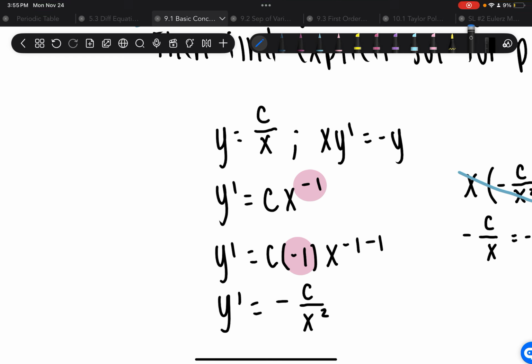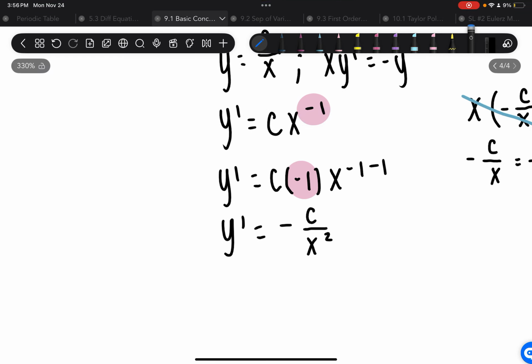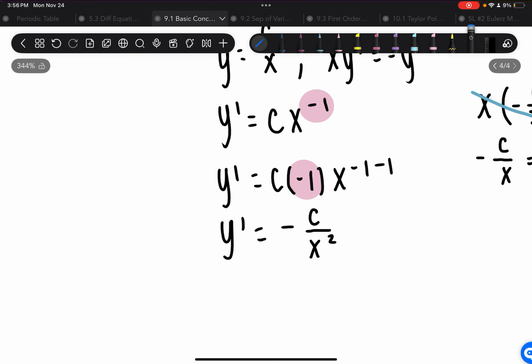To find the derivative, it makes it easier if I don't have a fraction, so I'm going to bring this x up to my c, and when you bring a denominator to the numerator, it's always raised to a power of negative 1. Then the exponent gets brought down and multiplied, and the new exponent is the old exponent minus 1. So now I have my derivative.